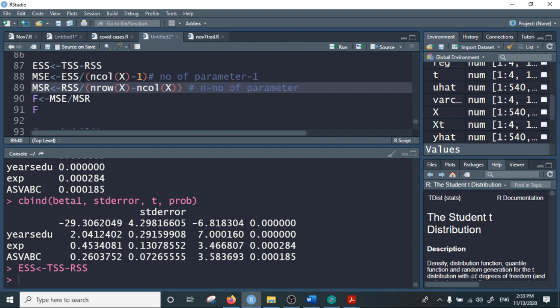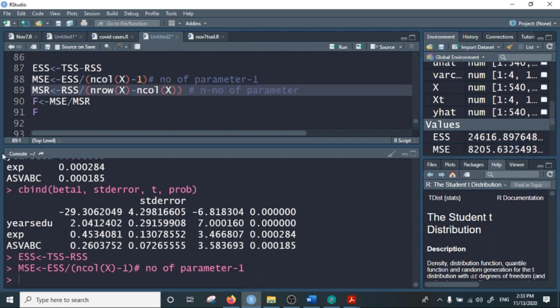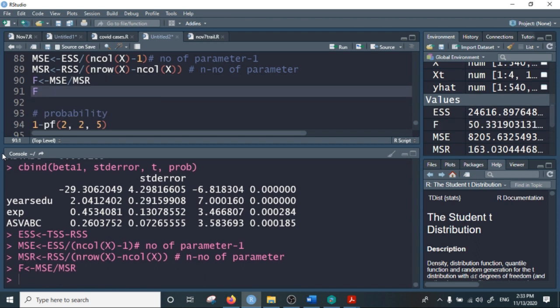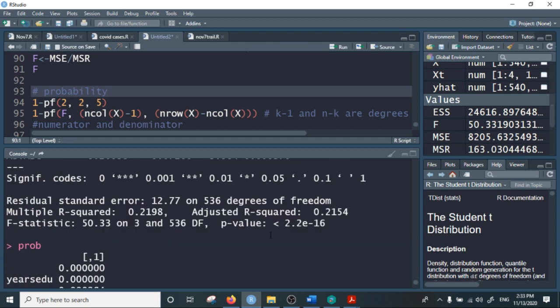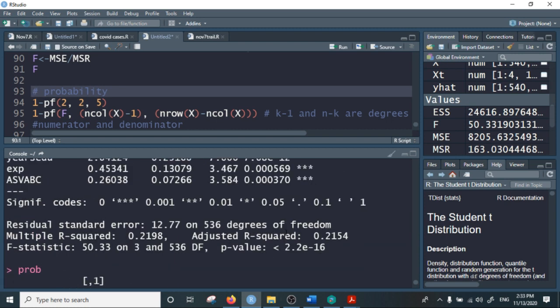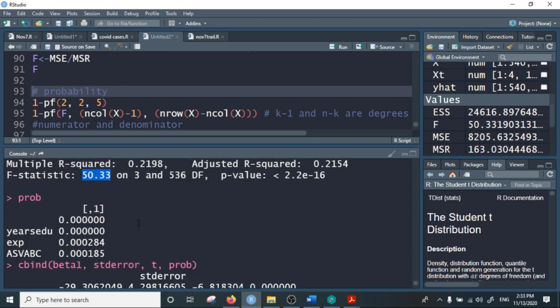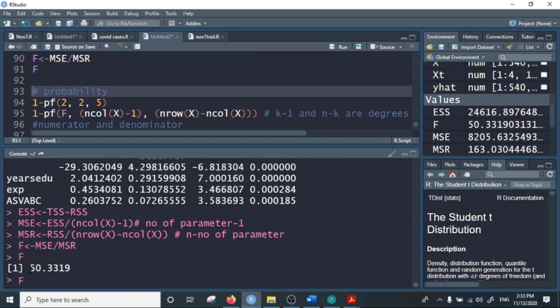Okay. After defining the MSE and MSR, we define the F ratio, and the F ratio is 50.33. So we can compare this ratio with the results from our estimated model from the inbuilt function. So the F ratio from the inbuilt command is 50.33, and from our calculation it is again 50.33, so exact same results.